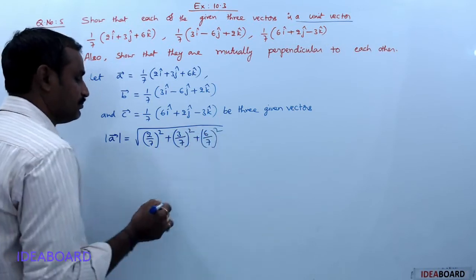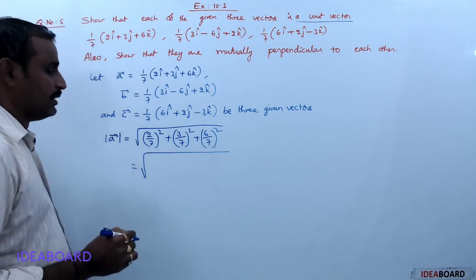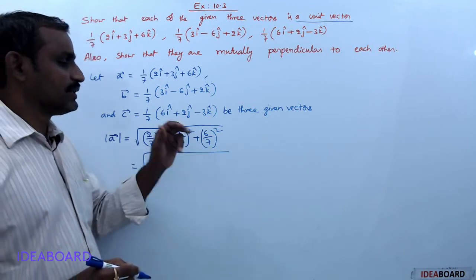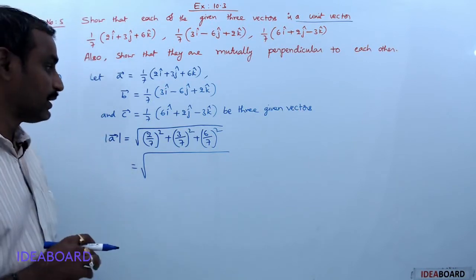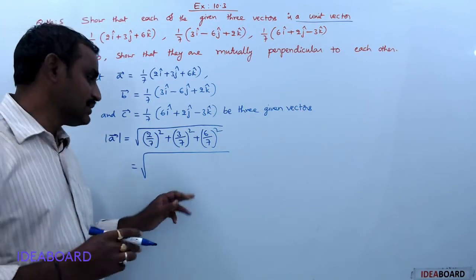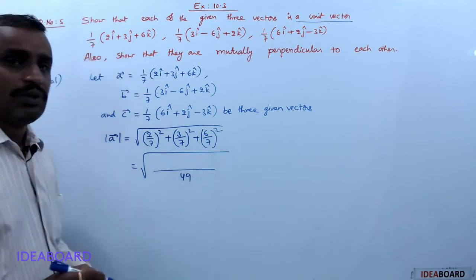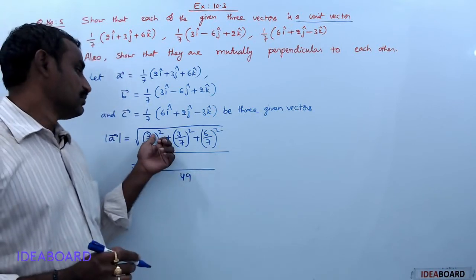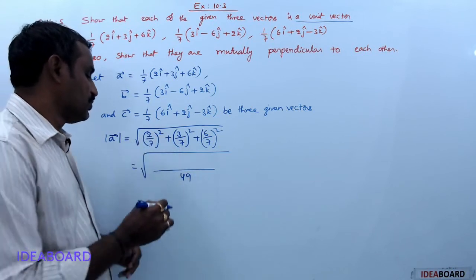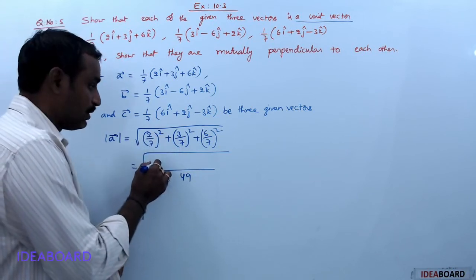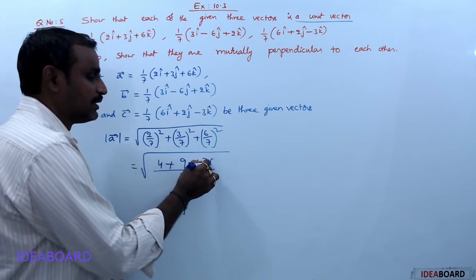Here the denominators are 7 square, 7 square, 7 square. 7 square is equal to 49, so we take 49 as the LCM. Now square the numerators: 2 square is 4, 3 square is 9, and 6 square is 36.